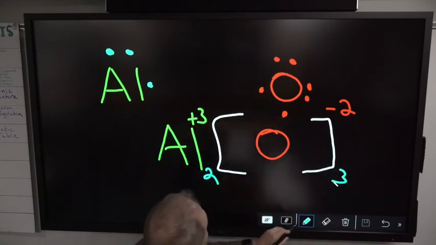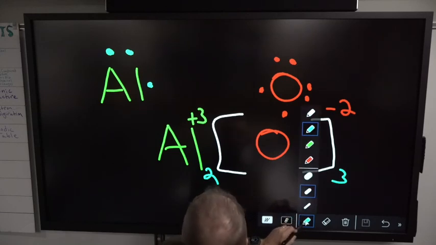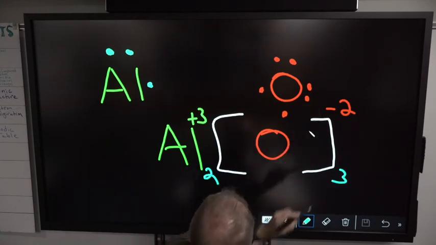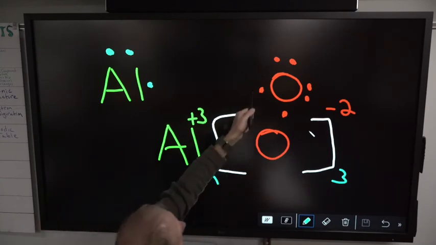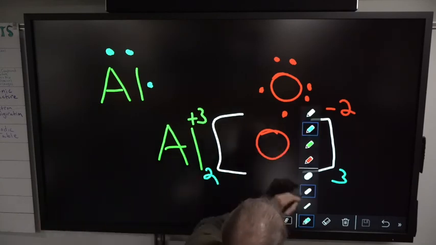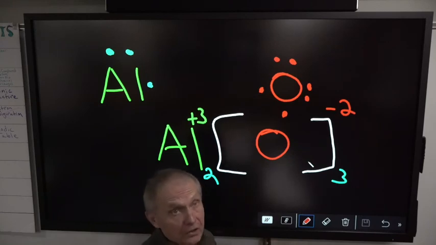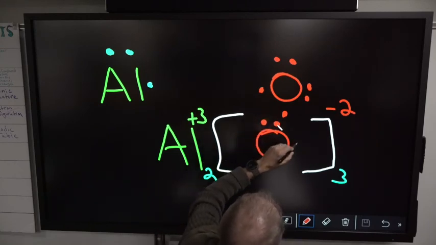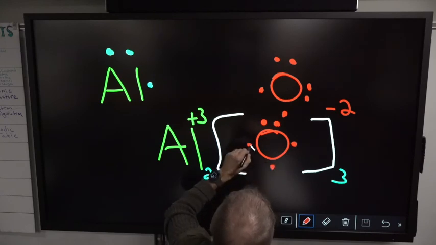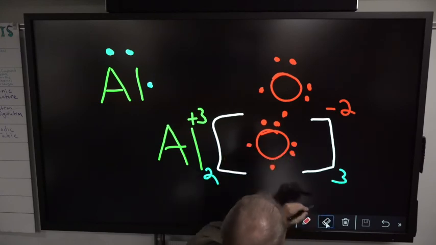Now we're ready to put in the electrons. So remember, oxygen had 6 around it to start with: 1, 2, 3, 4, 5, 6.